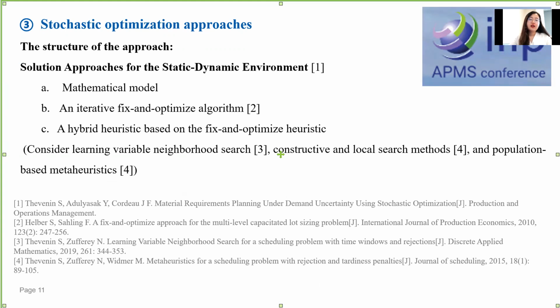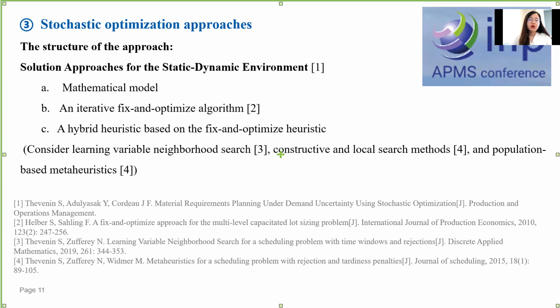In the stochastic optimization approaches, the structure of the approach is the static dynamic environment. First, we will create the mathematical model, and then we will try a fix and optimize algorithm.